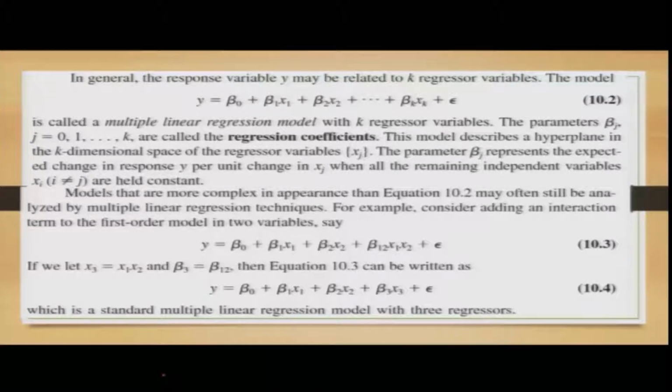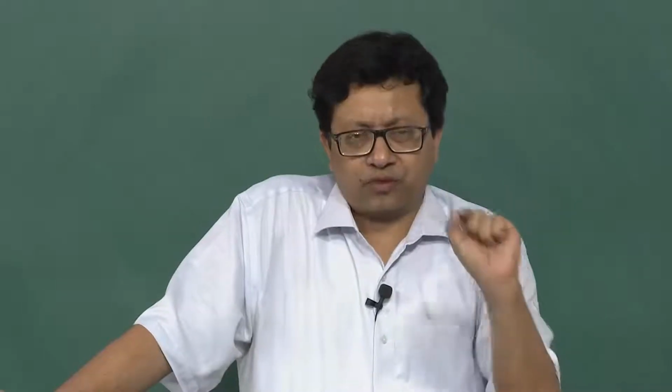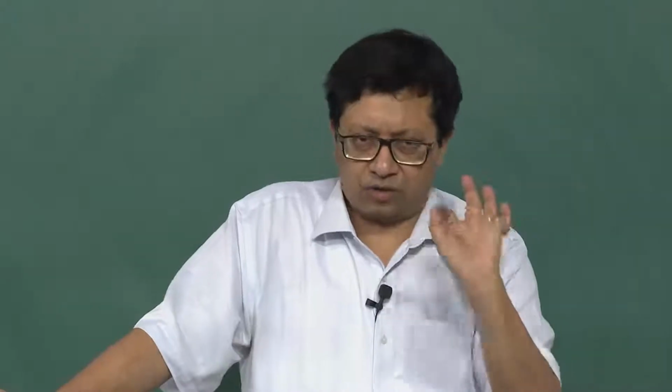In the k dimensional space of the regressor variables xj, the parameter beta j represents the expected change in response y per unit change in xj when all the remaining variables are held constant, or they do not change. So, it means that beta 1 is the rate of change of y with respect to x1 keeping x2 to xk constant.